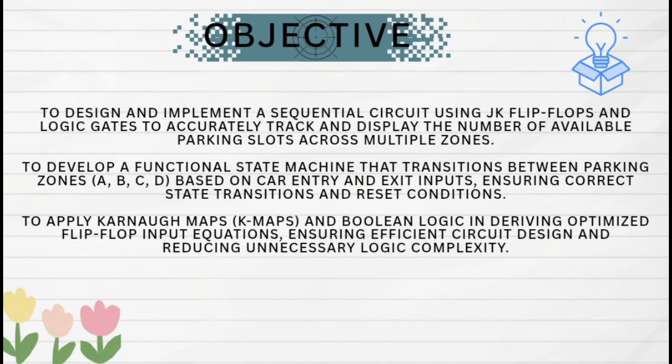To develop a functional state machine that transitions between parking lot zones A, B, C, D based on the car entry and exit input, ensuring the correct state transition and the reset condition.